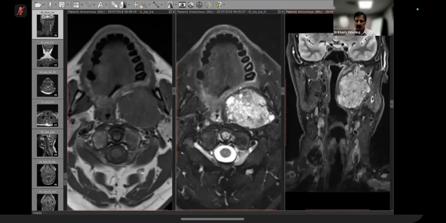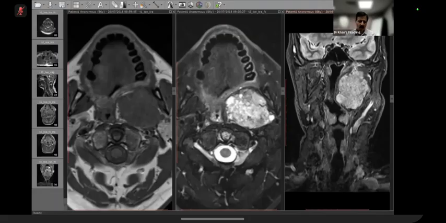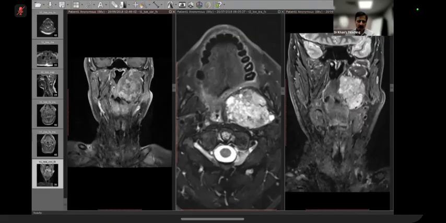Even at the base of skull, please remember, the parapharyngeal space will touch the petrous apex. This one will go here and touch the foramen ovale. So that is how your anatomy knowledge really helps you.